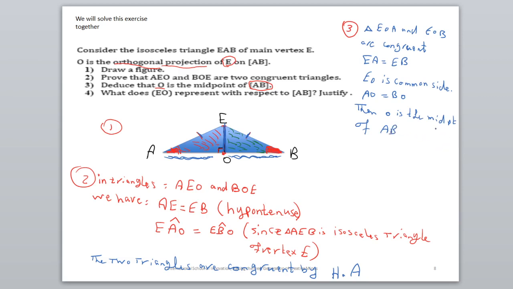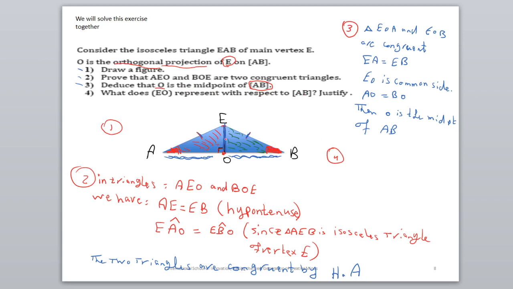So 1, 2, 3, done. I think it's clear. You may ask me about it in the live session if you didn't get it well. Let me solve number 4 also here. What does EO represent with respect to AB?